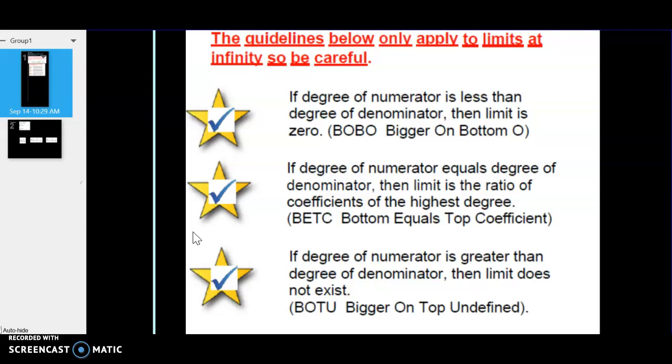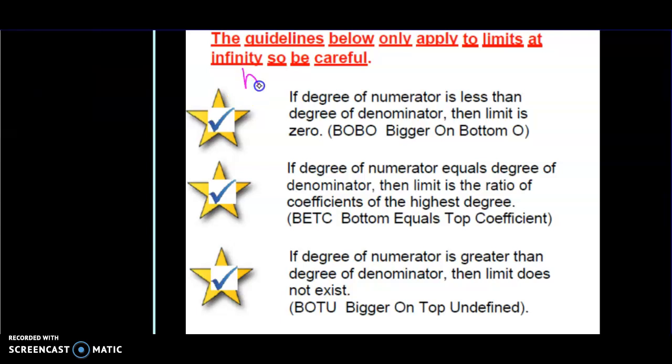So we have three cases. The first case is, remember your degree in terms of your exponent. So you are taking your highest degree, and what we mean by that is highest degree, and we're talking about the exponent, okay?